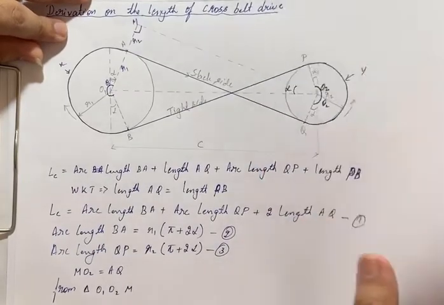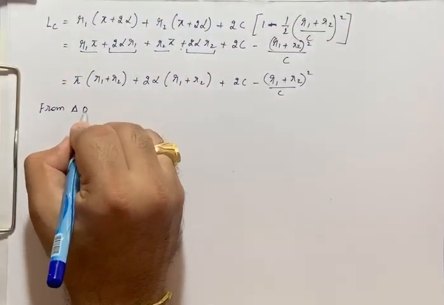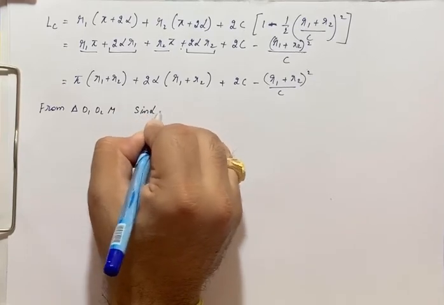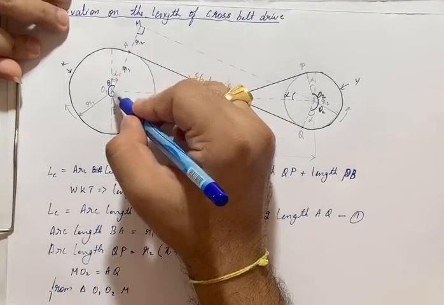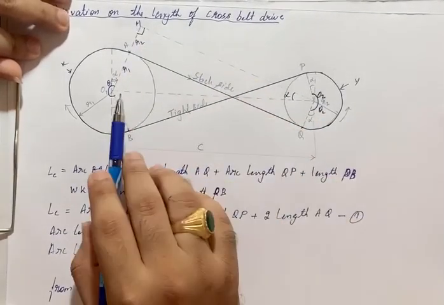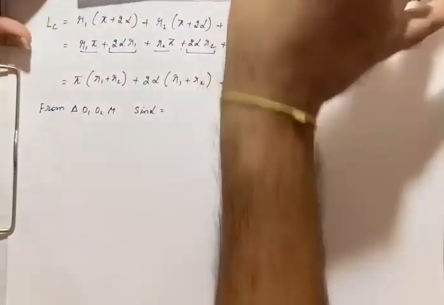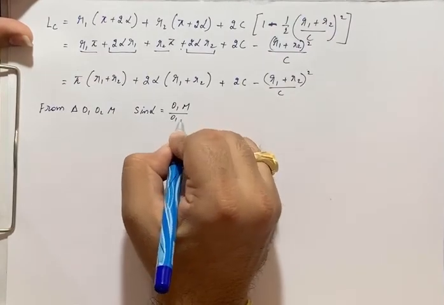What is sine alpha? Sine alpha is opposite by hypotenuse. Opposite here is O1 M, and hypotenuse here is O1 O2. That is, sine alpha is O1 M divided by O1 O2.